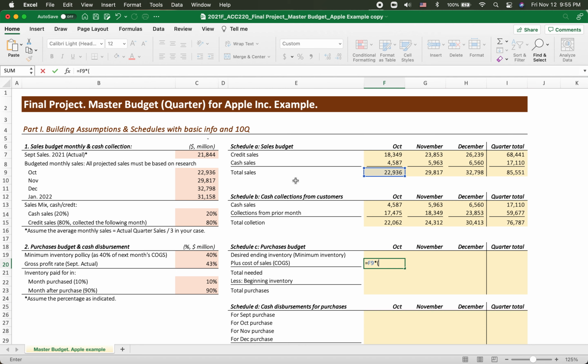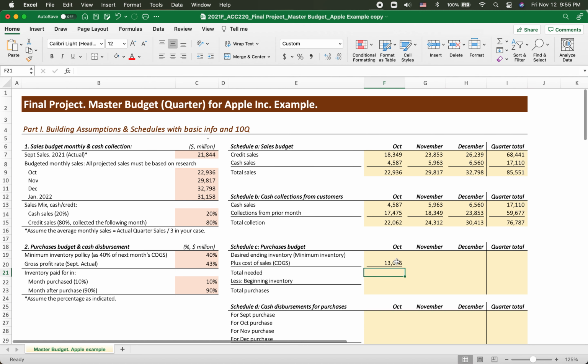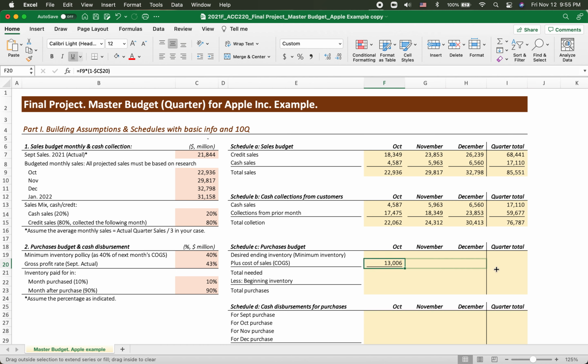Now, what is the percentage of cost of goods sold? Right, 1 minus the gross profit rate, right? Gross profit rate. Then I want to fix this rate because I want to drag to the right side. Then I calculated all this, the minimum inventory desired as the ending inventory.